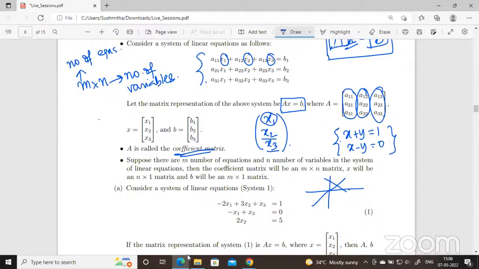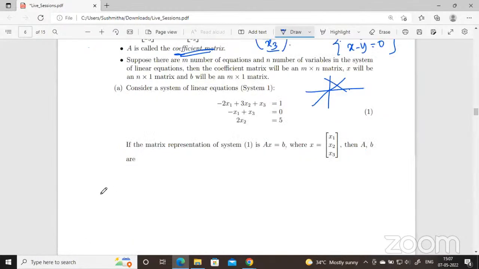Is it possible to have exactly two solutions? No, ma'am. Two lines cannot intersect at exactly 2 points. They either intersect at one point or they are one on top of the other. So these are the three cases, and we will see how to solve them in other ways.